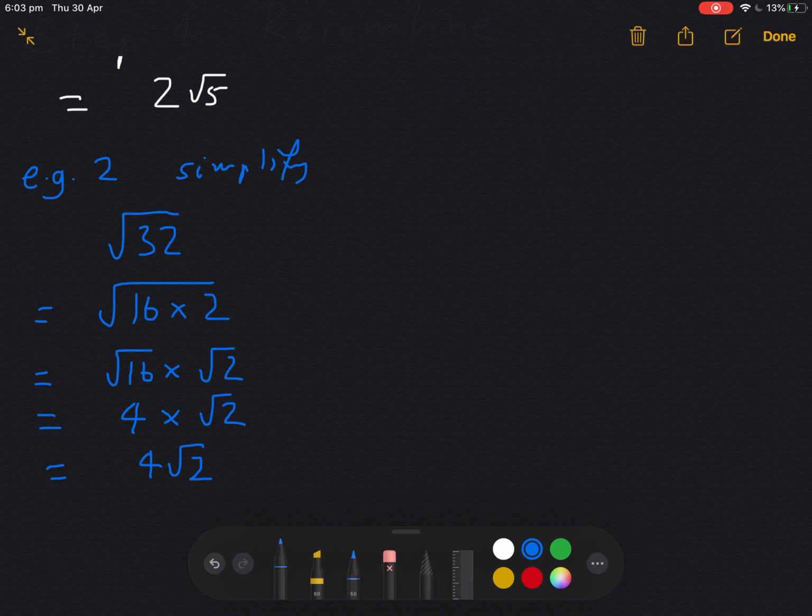Now, I hear you asking, what if you did take out the 4? Would you get the same answer? Well, yes, you would. Let's have a look. I'm going to do it here in red. We can write this as 4 times 8. But then the thing is that 8 can also be split. 4 times 4 times 2.